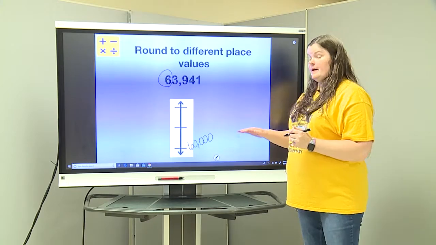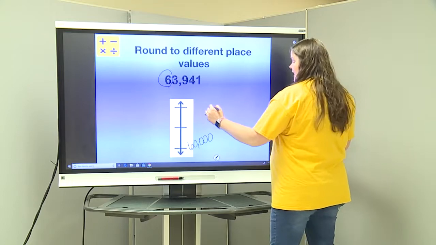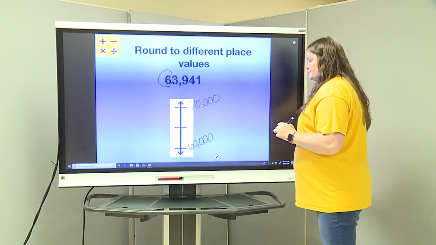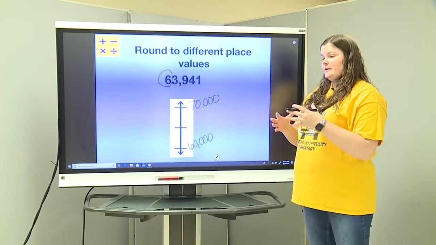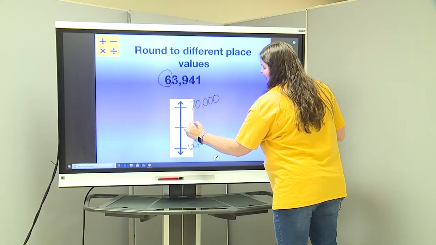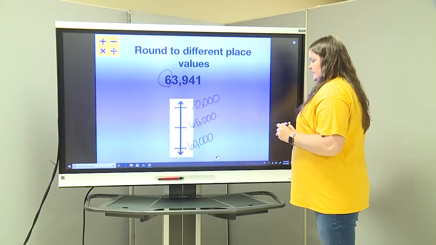If my bottom is 60,000 and I'm going by 10,000s, my top would be 70,000. And the last part is to find that midpoint. So I need to figure out what's in between 60,000 and 70,000. So my midpoint on this one would be 65,000.